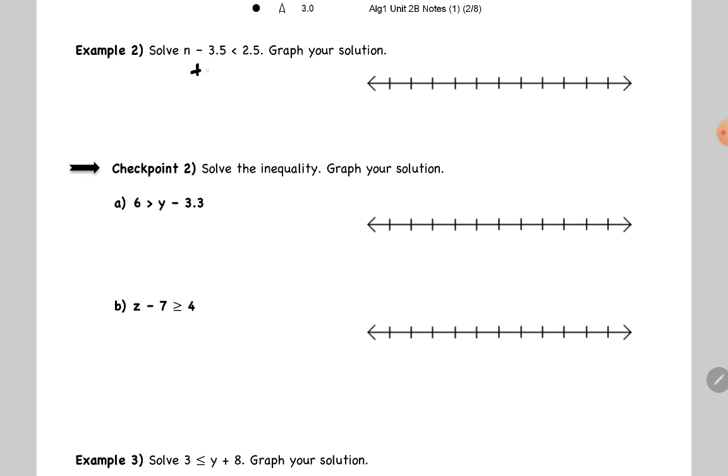To get n by itself, we have a minus 3.5, so I'm going to add 3.5 to both sides. So I will get n is less than 6. Here I put 6 in the middle, and it's an open dot because there's no equal sign. It can't be 6, but it's everything less than 6.